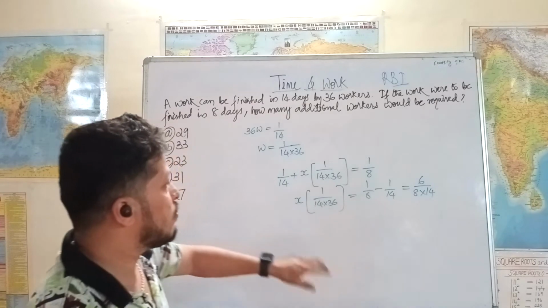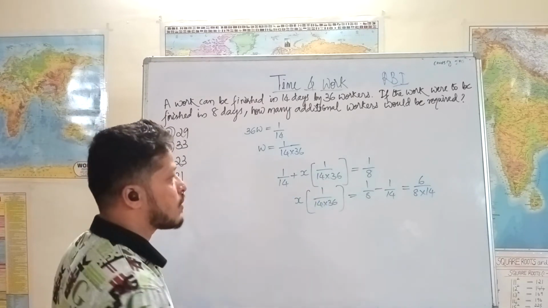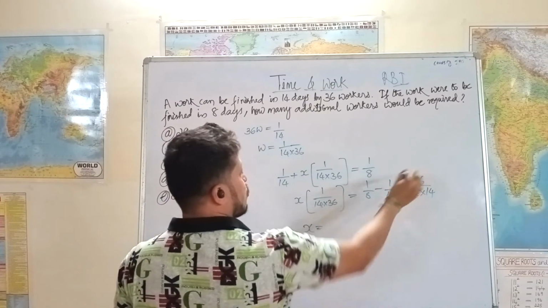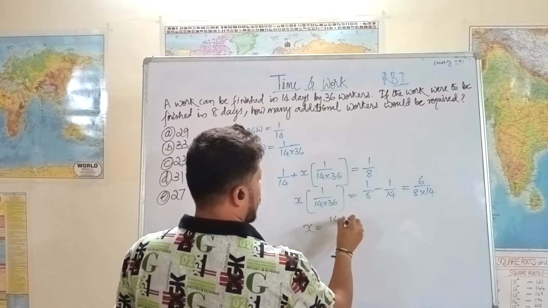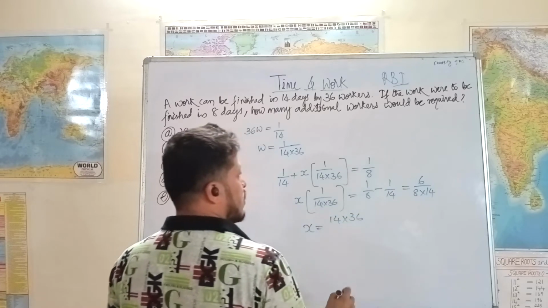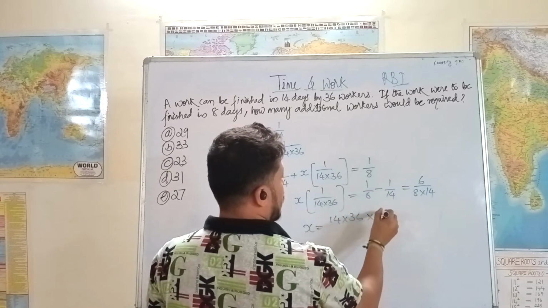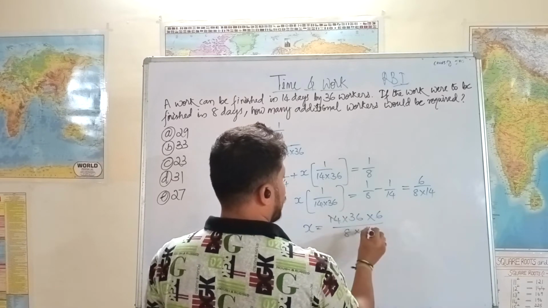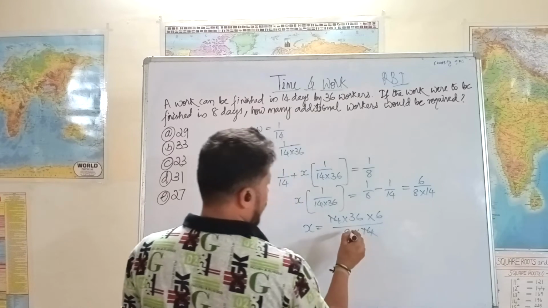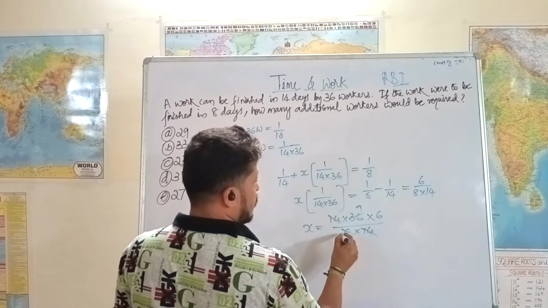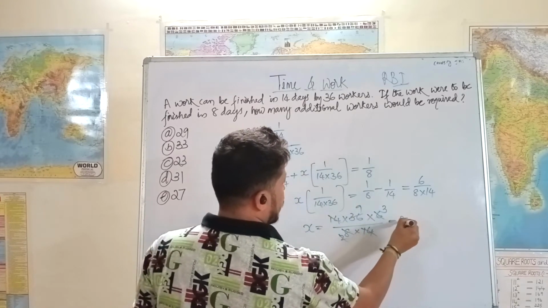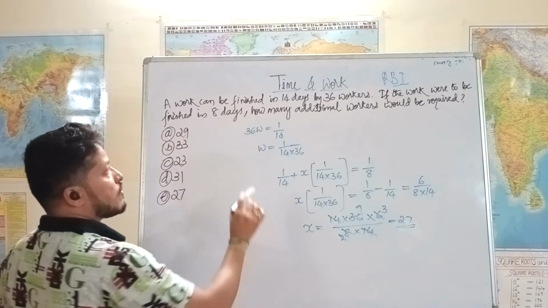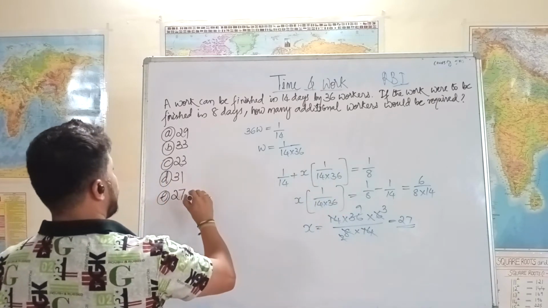Let's not simplify now because some terms need to be cancelled anyway. So X is equal to, this goes to the numerator: 14 into 36 in the numerator, and there is already 6 in the numerator, and the denominator will be 8 into 14. So 14, 14 gets cancelled, and 4 2s are 4 9s are 2 1s are 2 3s are, so 27. That means 27 extra workers joined to finish this work in 8 days. 27 is the right answer.